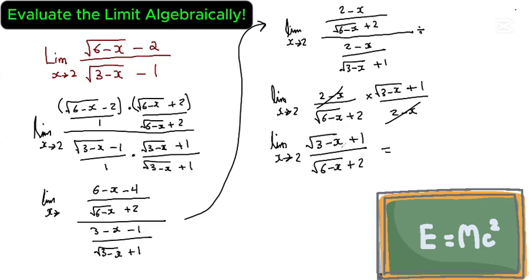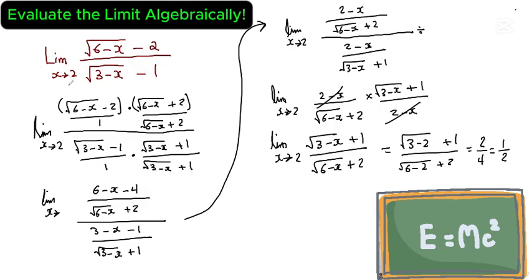Now we put in the 2 for the x, and we're going to get the square root of 3 minus 2 plus 1 over the square root of 6 minus 2 plus 2. Now 3 minus 2 is 1, the square root of 1 is 1, plus 1 is 2, and 6 minus 2 is 4, square root of 4 is 2, 2 plus 2 is 4 on the bottom right here, and therefore this reduces to 1 over 2.